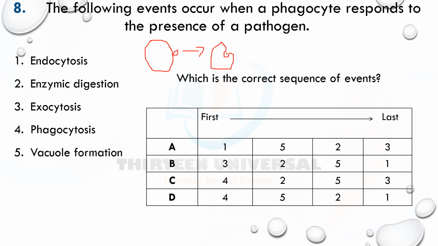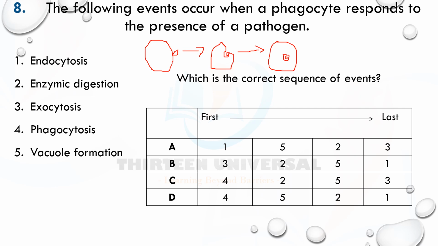It folds inward and produces a phagocytic vacuole. Don't mind my diagram, you're going to have something like this. This is a phagocytic vacuole containing the pathogen inside. Then it's going to digest.